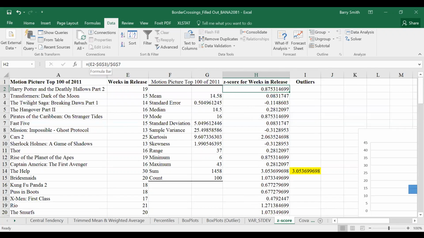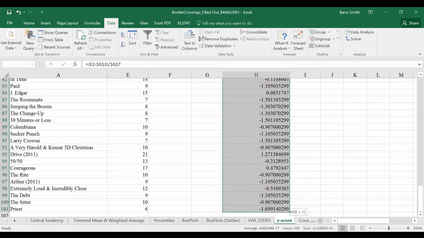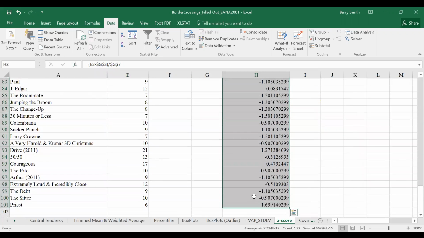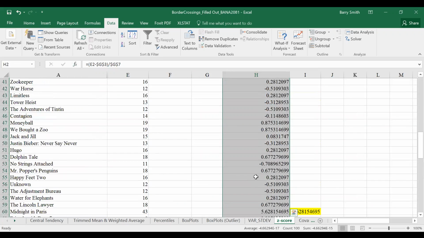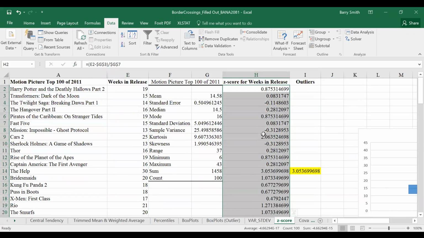Remember to put parentheses around your numerator, otherwise you're going to take E2 and then subtract off the division of G3 and G7, so you always have to remember to do that. And so that's how you get that value. And then once you get that one, you can just highlight the whole rest of the column and Control D, and that will put them in all the rest of the way down.